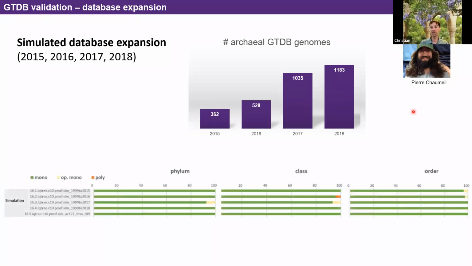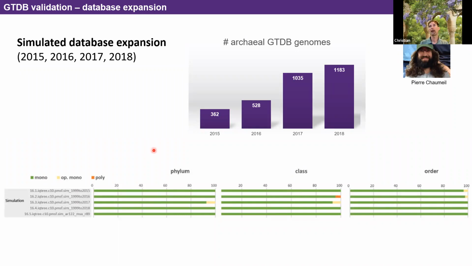And we did exactly that, and you can see that again, it is very, very stable, right? In most cases, all the groups are monophyletic or operational monophyletic. And that had mainly to do with the fact that the RED is calculated on the main phyla, as I mentioned, right, that have two daughters, 2 classes, and then rooted on each of them, and that's how we calculate the RED value.